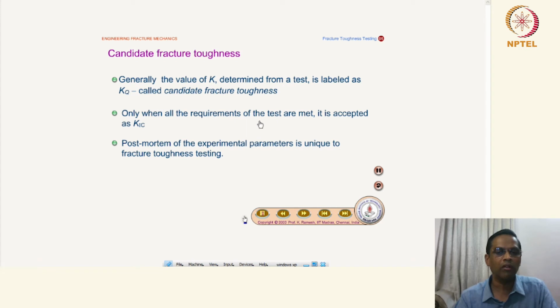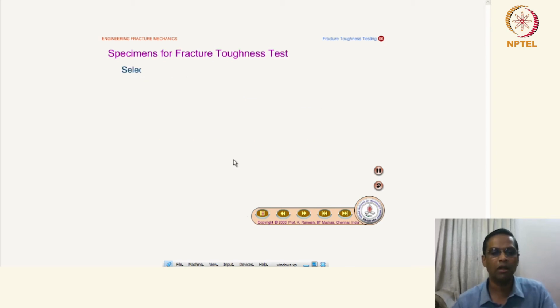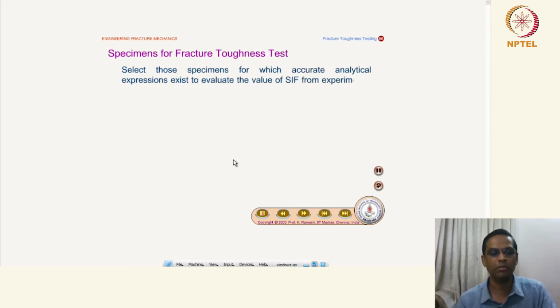Only when all the requirements of the tests are met is it accepted as K1C. So this is important. Post-mortem of the experimental parameters is unique to fracture toughness testing. It is very difficult to predict all these parameters before the experiments. After the experiments, if the parameters are not followed, then the test has to be scrapped.